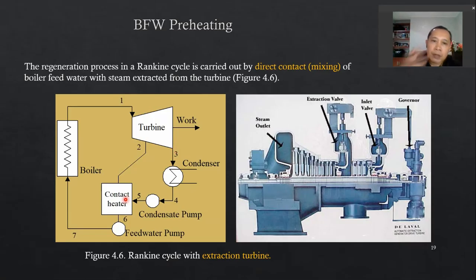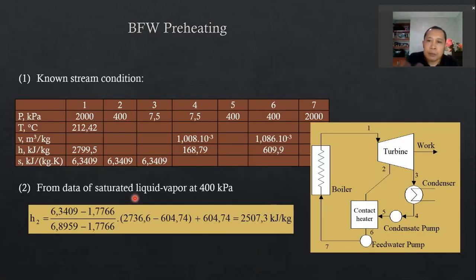You literally mix this extracted steam with the incoming boiler feed water to warm it up. So this is line number 2, the extracted steam. It's directly, physically contacted with the boiler feed water from point 5, and that will improve your overall cycle efficiency.